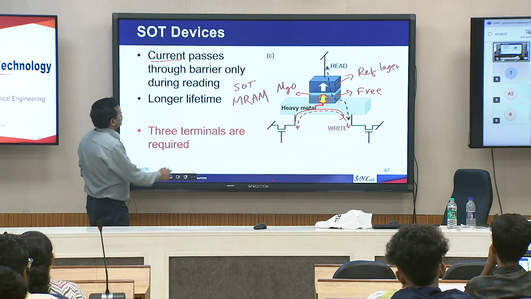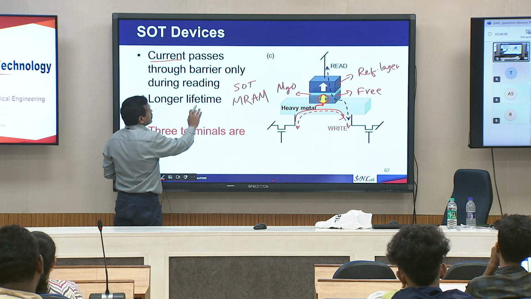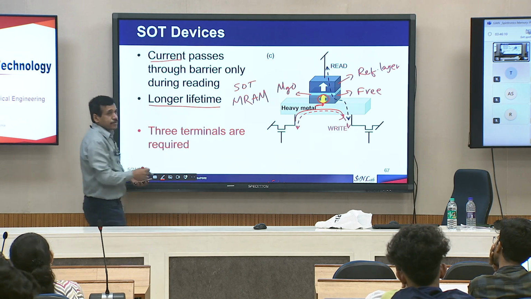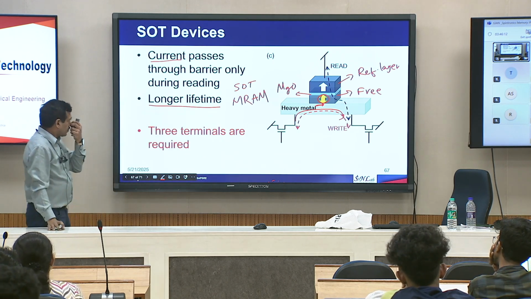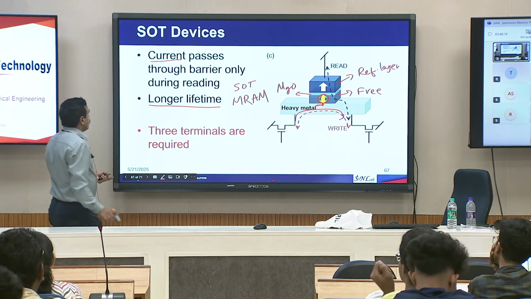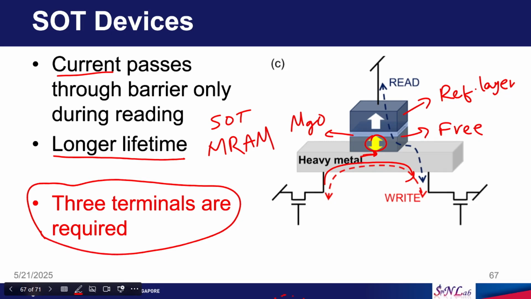Okay, so, current passes through the barrier only during the reading. So, the tunnel barrier does not break down. So, these devices have a longer lifetime. But the disadvantage is now you need 3 terminals. You need 2 terminals for the writing operation, another 2 terminals for the reading operation.